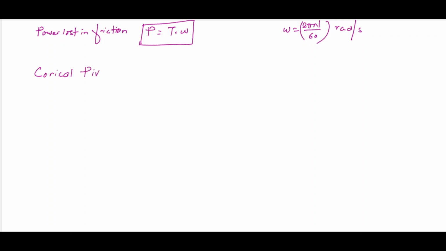Conical pivot. So for conical pivot, let's say the schematic is somewhere like this.